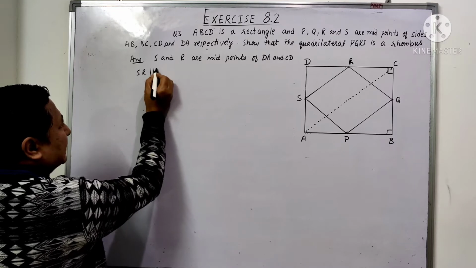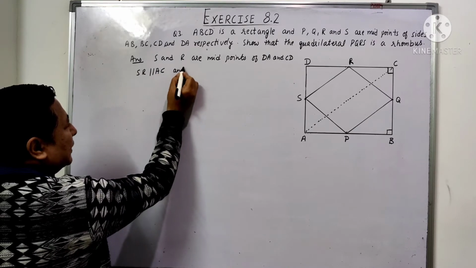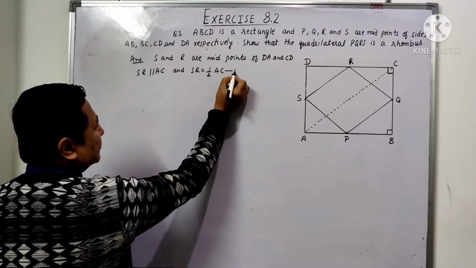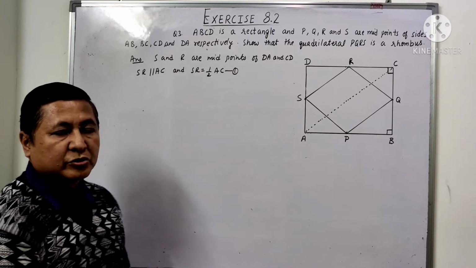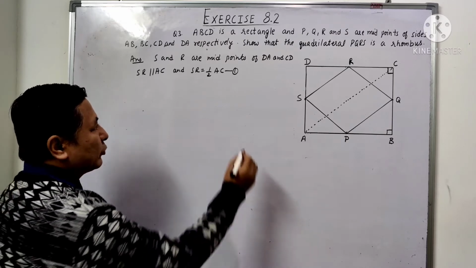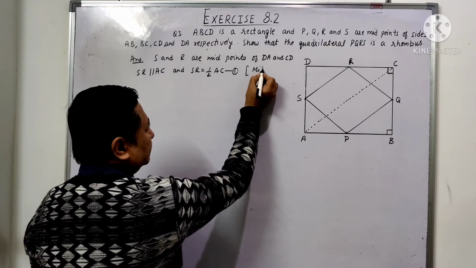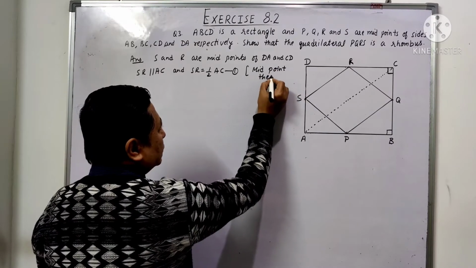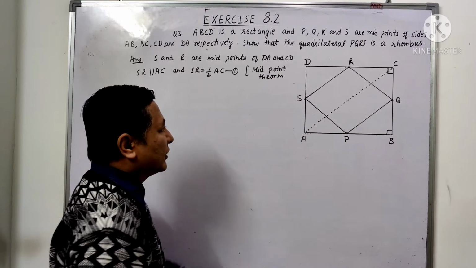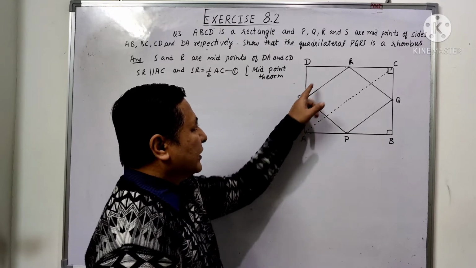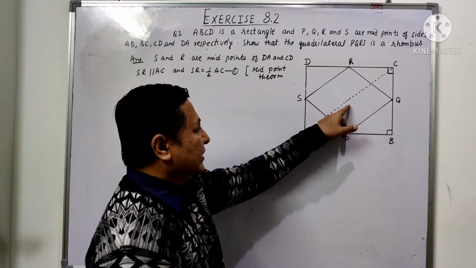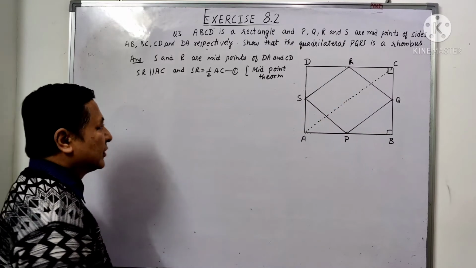SR is parallel to AC and SR is half of AC. That is equation number 1, and this is due to the midpoint theorem. That means when we join the midpoints of two sides of a triangle, here the midpoints of DA and DC, SR will be parallel to AC and SR will be half of AC.